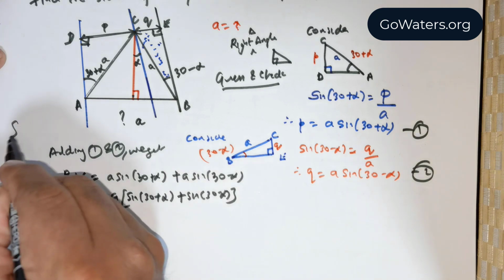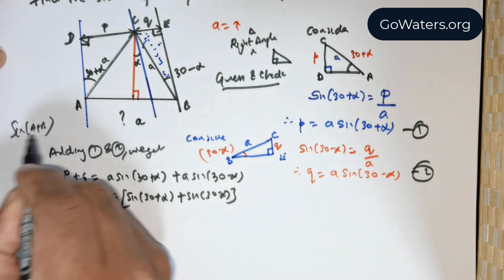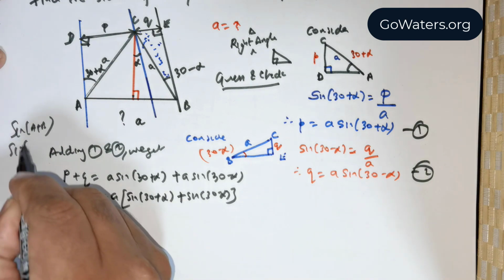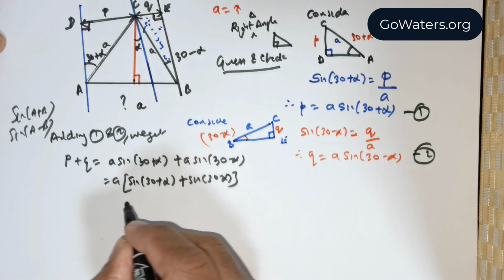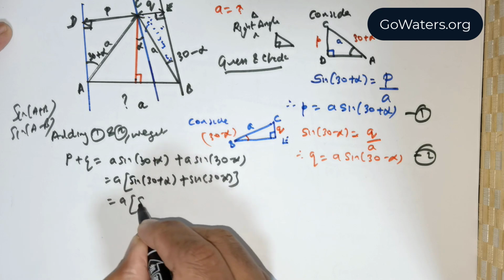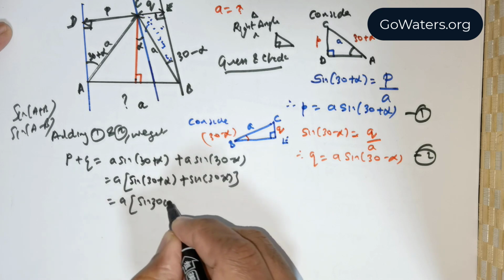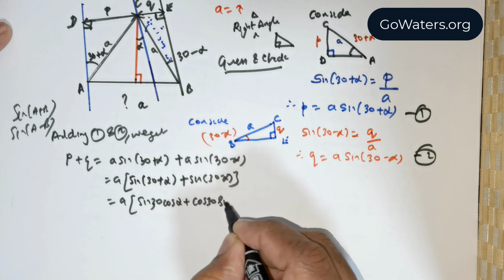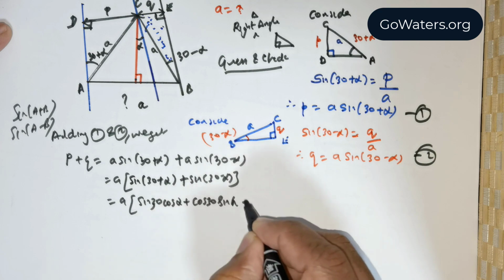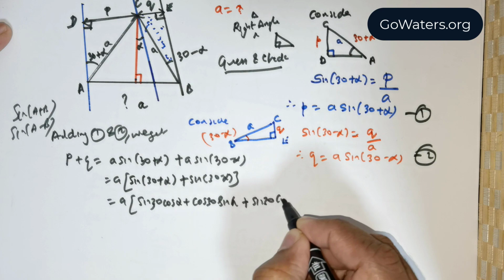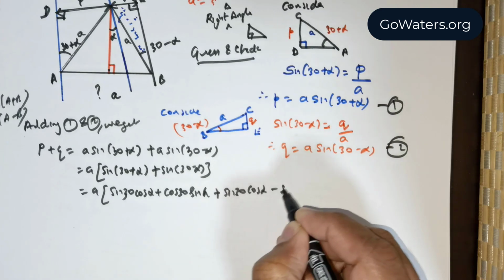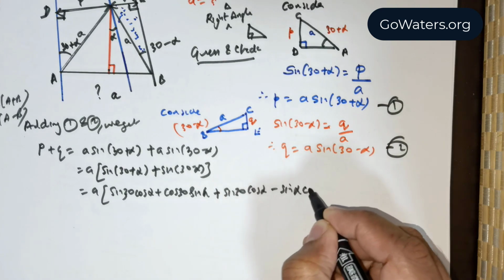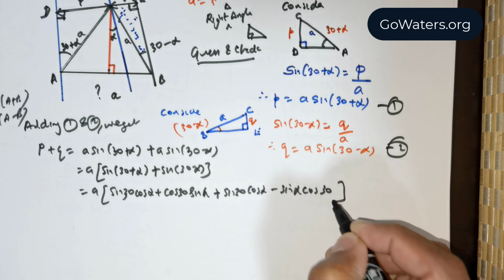I'm going to use the sine of A plus B formula and the sine of A minus B formula. If I do that, I get sin 30 cos alpha + cos 30 sin alpha + sin 30 cos alpha - sin alpha cos 30, right?